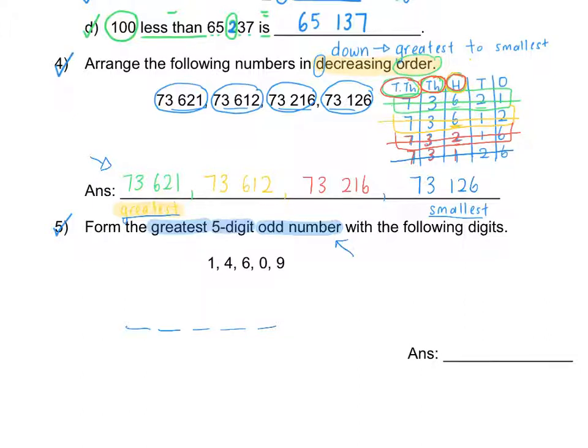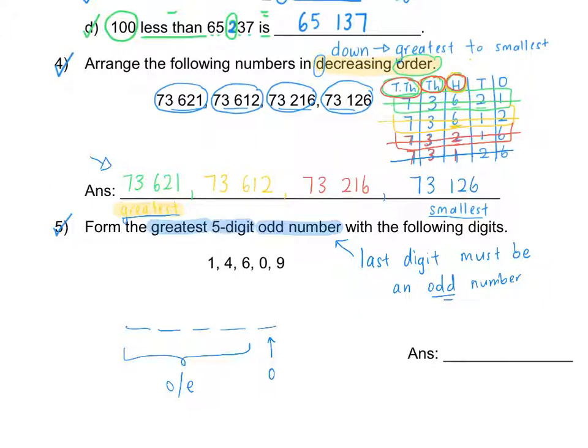So if you like an odd number, the last digit must be an odd number. So the last digit over here must be an odd number. The rest of the digits in front, it does not matter whether it is odd or even, but the last digit must be an odd number.